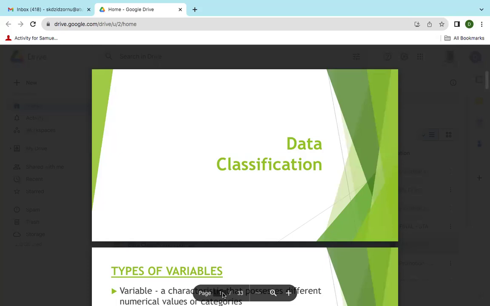We talked about discrete being essentially countable quantitative data, whereas continuous data refers to quantitative data that are more measurable than countable, right? On the other hand, we looked at nominal versus ordinal data, where one is just a cluster of names or labels, and the other part being names or labels that have a sense of hierarchy or order in them.